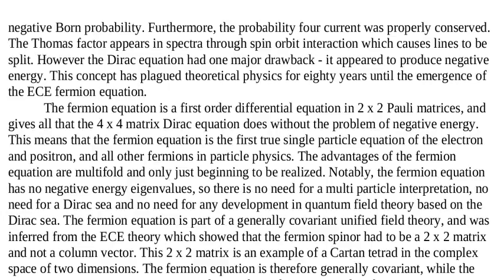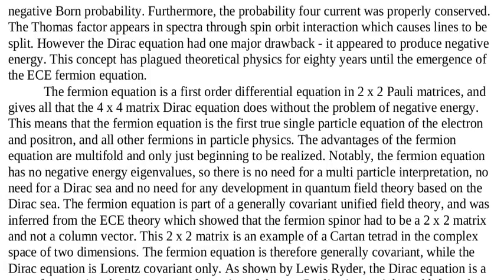Notably, the Fermion equation has no negative energy eigenvalues, so there is no need for a multi-particle interpretation, no need for a Dirac sea, and no need for any development in quantum field theory based on the Dirac sea. The Fermion equation is part of a generally covariant unified field theory and was inferred from the ECE theory, which showed that the Fermion spinor had to be a 2x2 matrix and not a column vector.